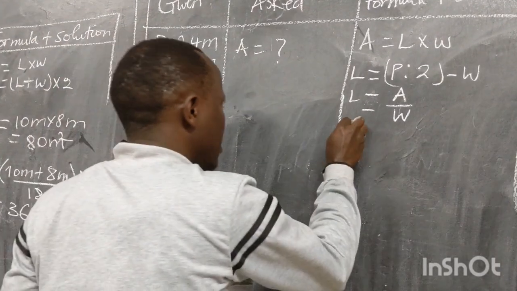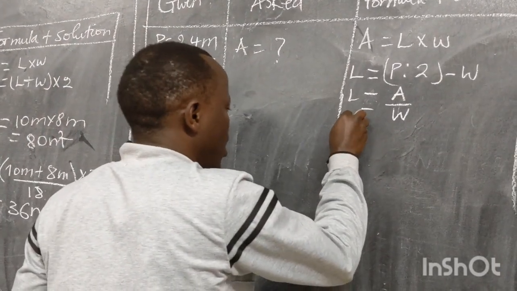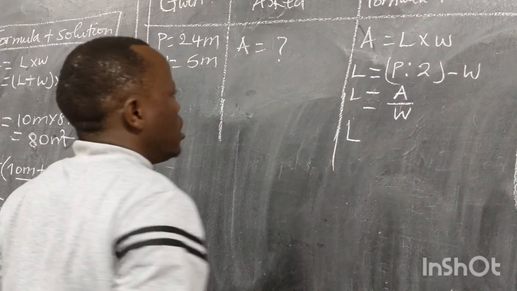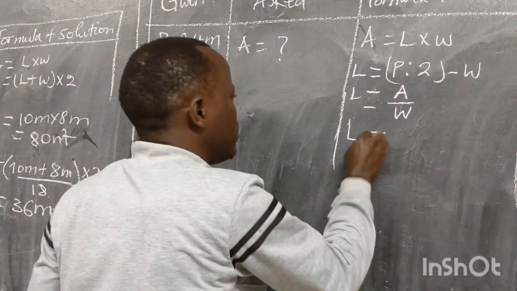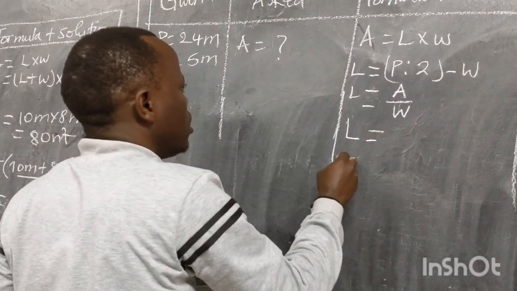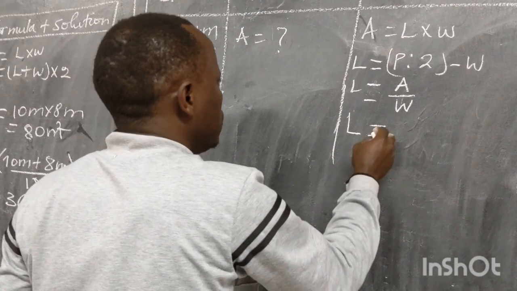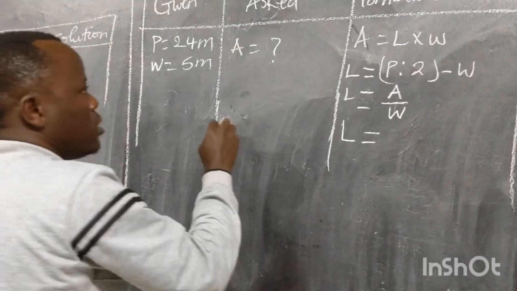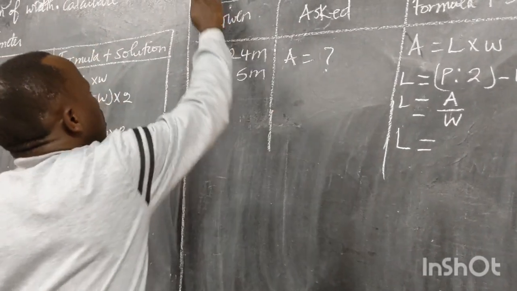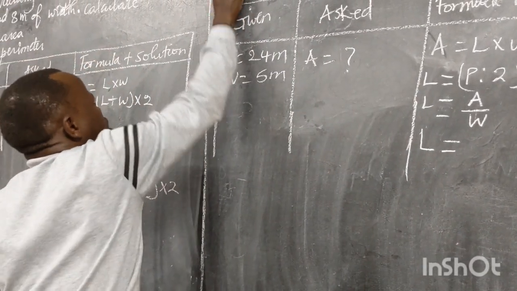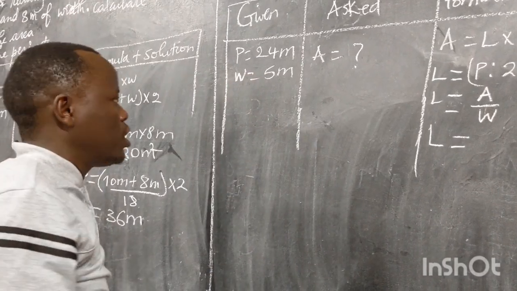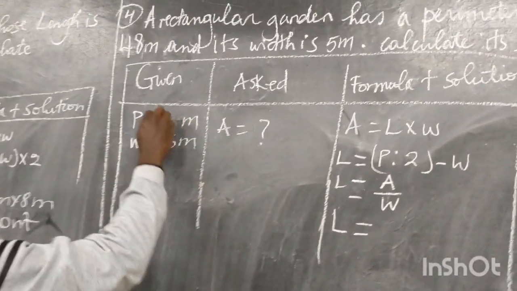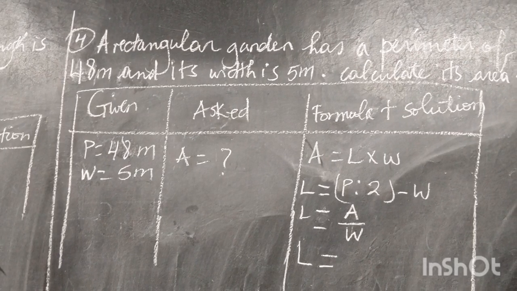So we say that since length is equal to perimeter divided by 2 minus width, length will be equal to perimeter, sorry, it is 48. It is 48, not 24. Excuse me, it is 48.